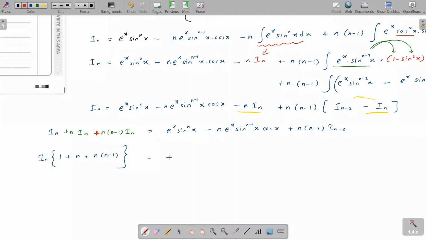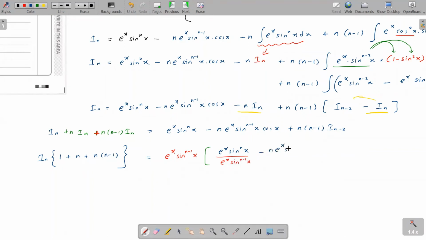Okay, so we will try to get the 'show that'. So we'll take e^x and sin^(n-1) x out. Are you aware what happens when you take something out? We are going to take it out from both of these terms, right? When you're taking it out from both of these terms, it means you're dividing. Are you with me? So you already have e^x sin^n x and you want to take out e^x sin^(n-1) x.